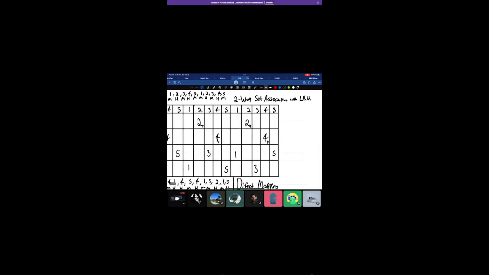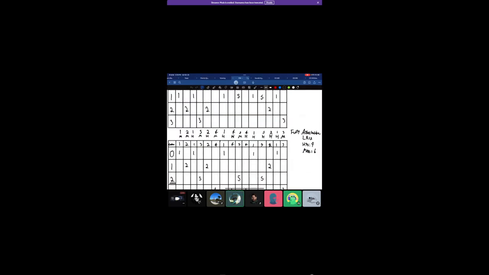Yeah, we can. Alright, so that's problem set 5. Any questions about problem set 5? Alright, and then problem set 6 was this one, which is basically what we were just doing, but with different replacement algorithms. This one was two-way set associative. This one was just direct mapping.